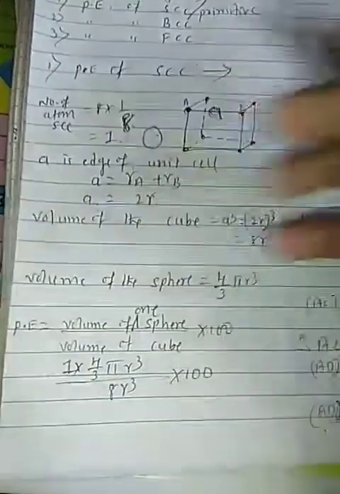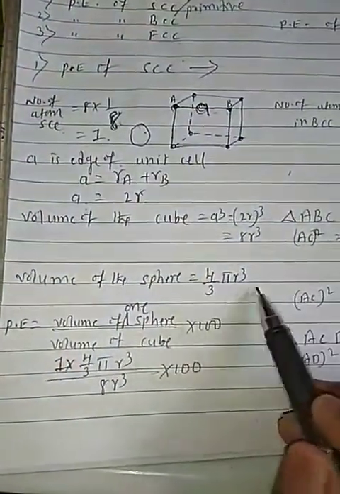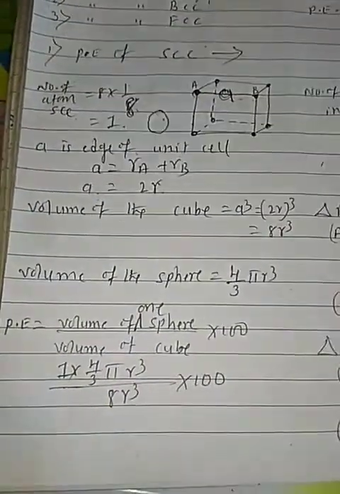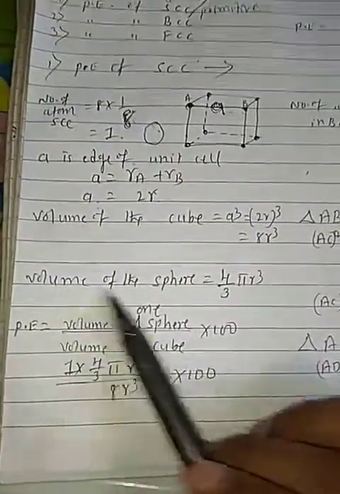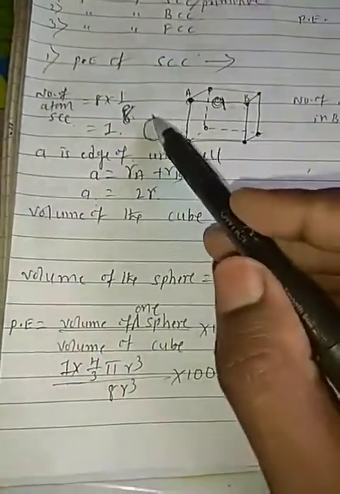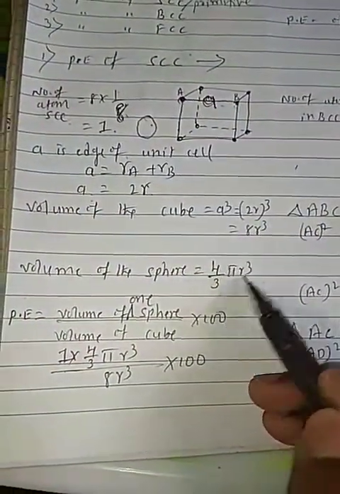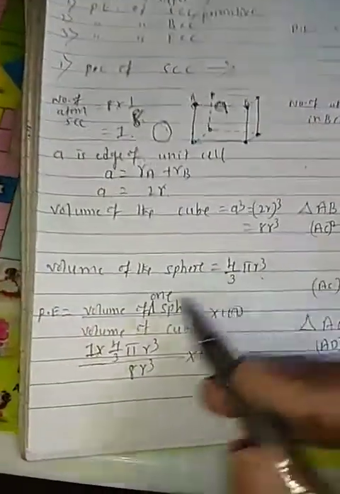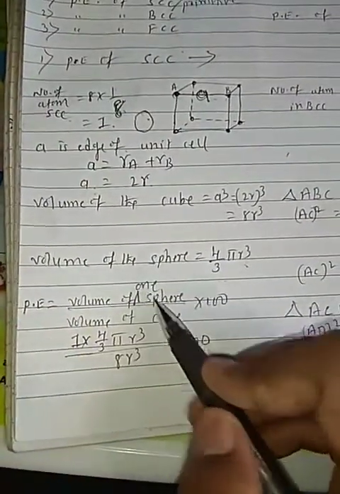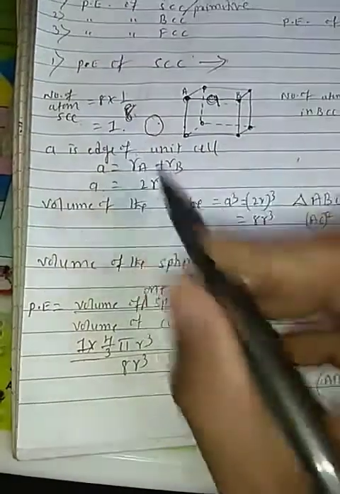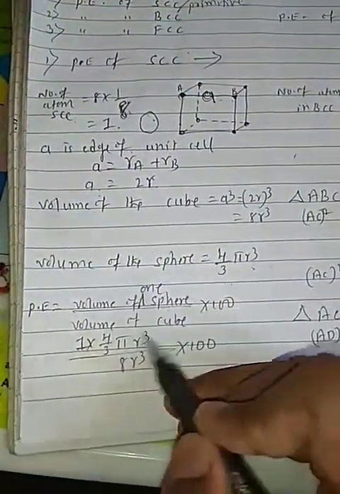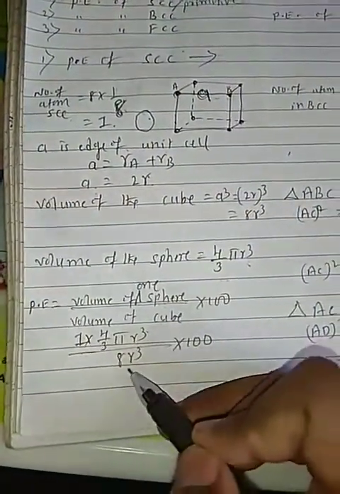The spherical volume formula is 4 by 3 pi R cube. So volume of one sphere is 1 into 4 by 3 pi R cube, and the volume of the cube is 8R cube.